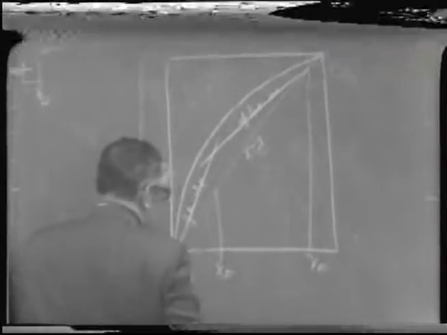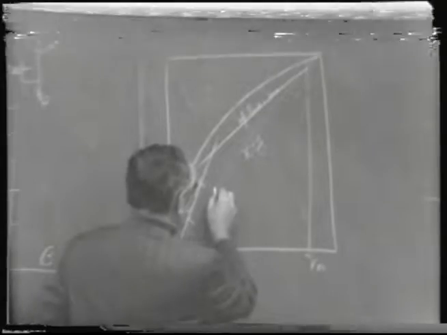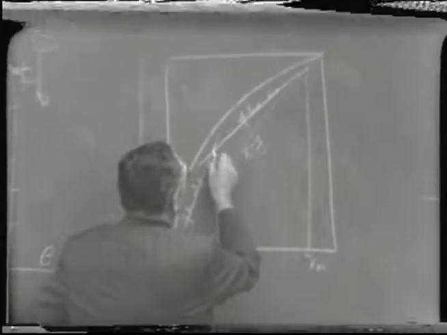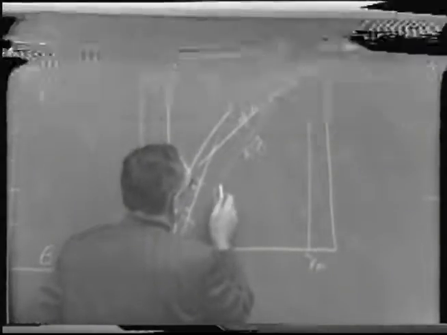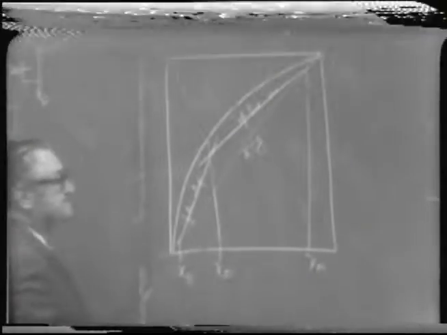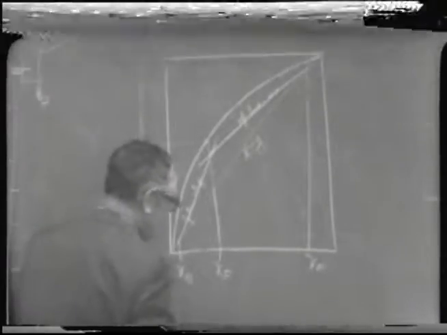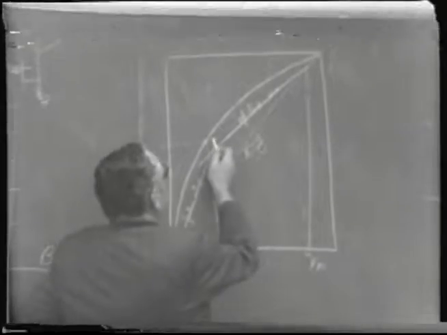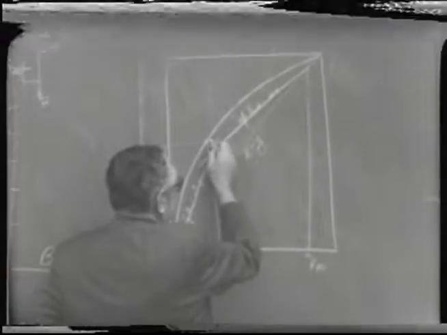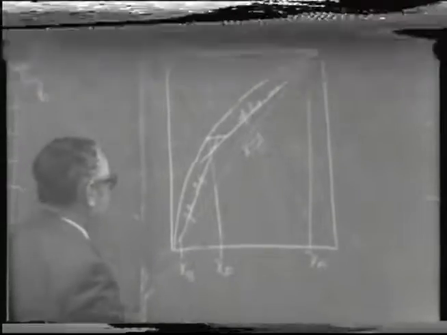What happens is that if we start with a feed composition X sub F and introduce it under certain conditions so that we can determine where those points intersect, we will go up here to the equilibrium curve as before to find out what the composition of the Y is in equilibrium with X sub F. But the amount of concentration effected in a stage with a finite reflux ratio is given by drawing a line over to the operating line.